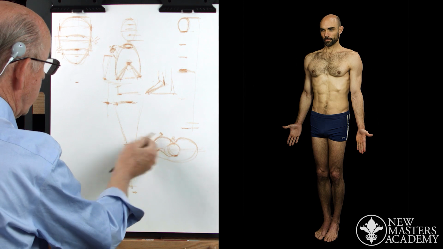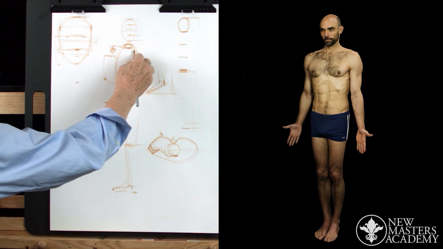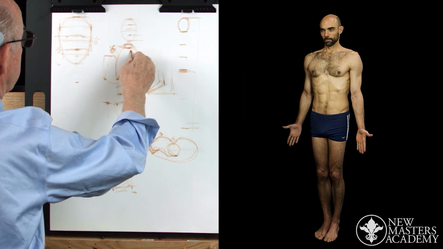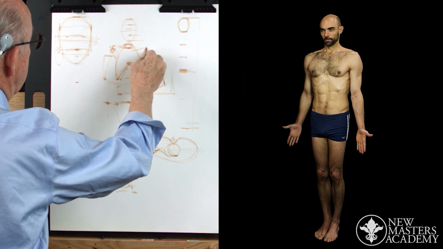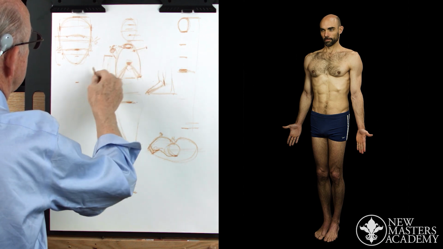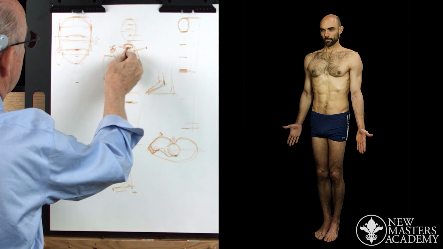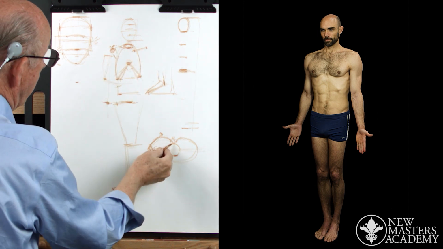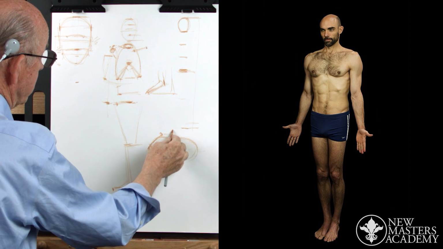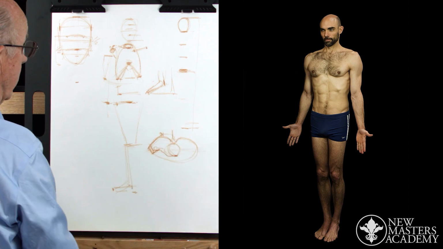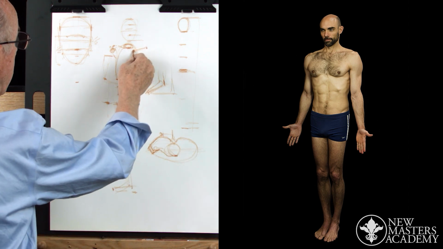Okay, the scapula from the back, and I'm just going to superimpose this over the front here. The length of the scapula is equal to the clavicle, but since it's going around a curved surface, we're going to find a gap from the center of the spine to where the scapula begins. So this is a change in here.